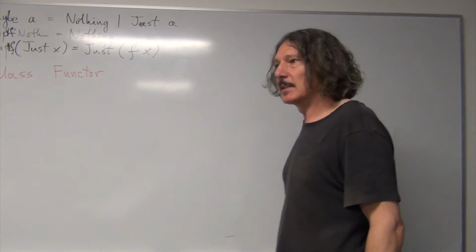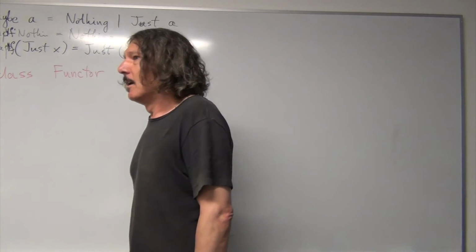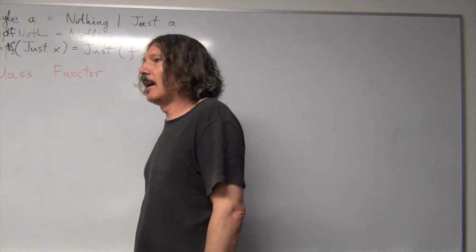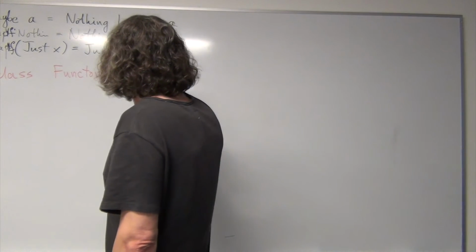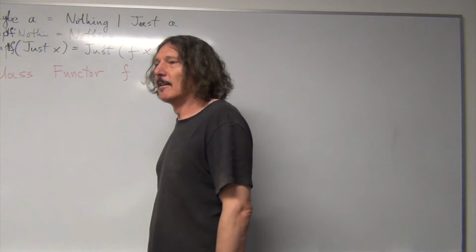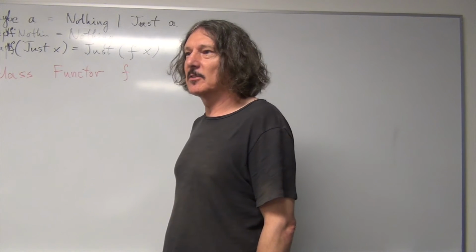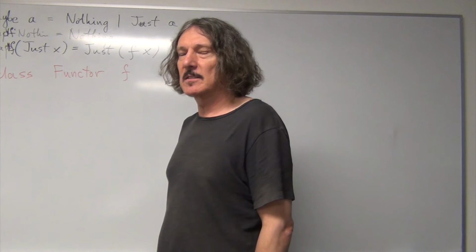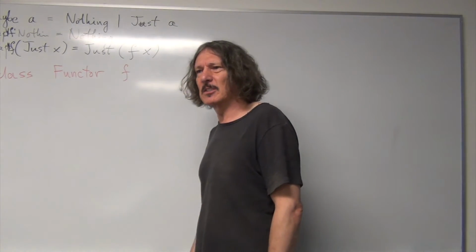It has something to do with types. So class Functor. And now I have to give some kind of name to it. I'll use the letter f for this functor. It's kind of confusing because we use f for functions as well, but in a sense, this is a function on types, so it's a function.